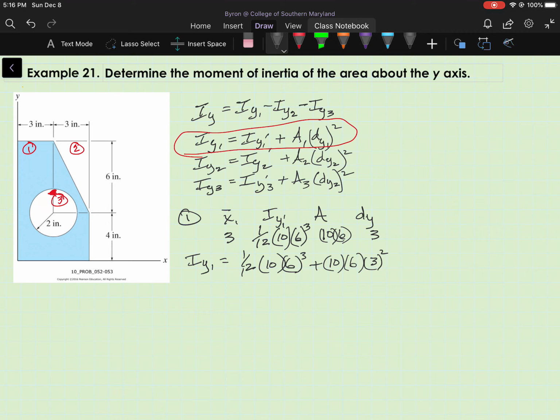And I do that math, and I get 720 inches to the 4th. Okay, so I have I sub y1.